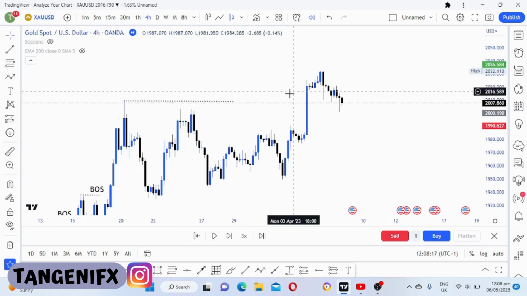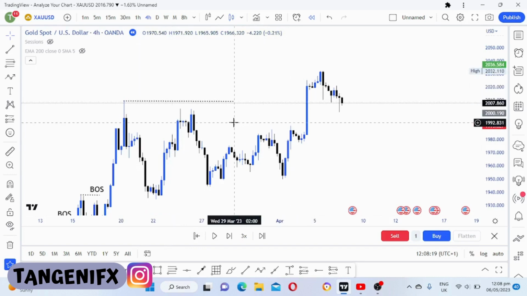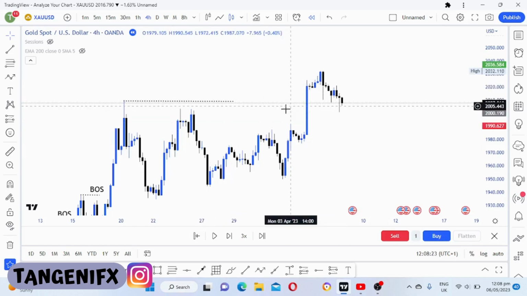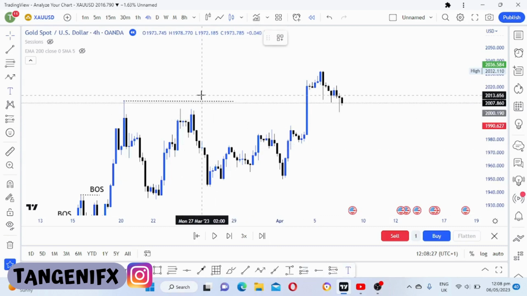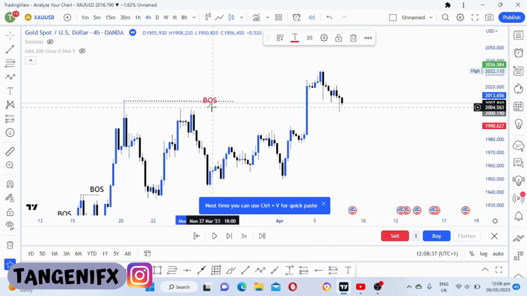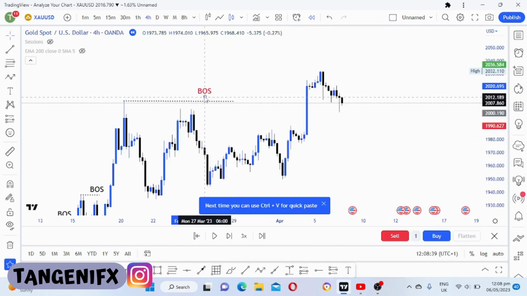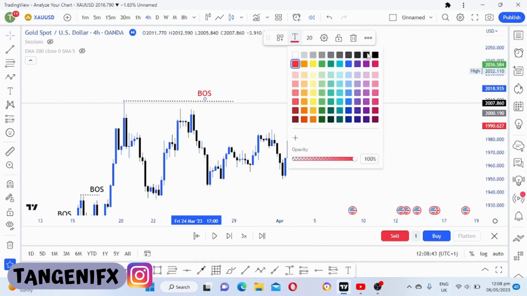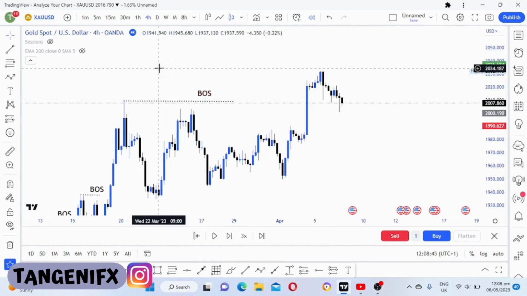As you can see here on the charts, price had a break of structure here, meaning that we are breaking structure on the upside. So meaning we are bullish.